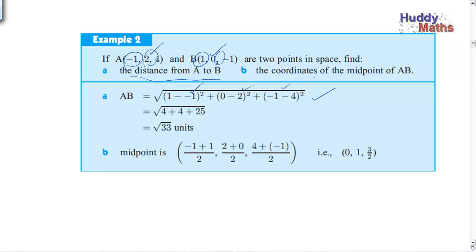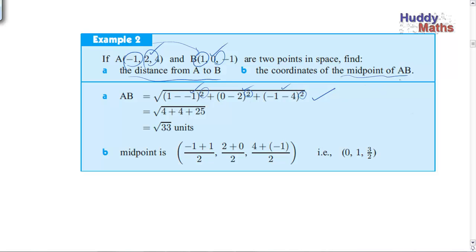You can do it in the opposite order. You could have neg 1 take 1 squared. It doesn't matter because you're going to square the results anyway, but it's not a bad idea to keep it in the same order for each difference, because later on in certain areas it will matter, and it certainly will matter when we're talking about the vector A to B.